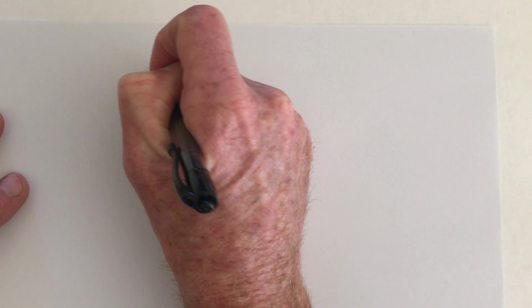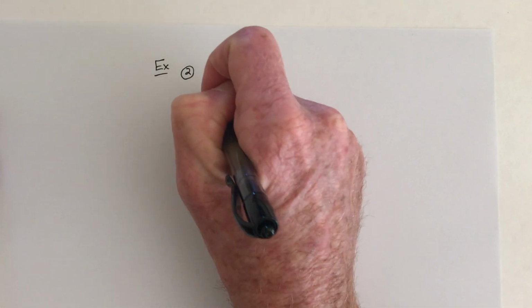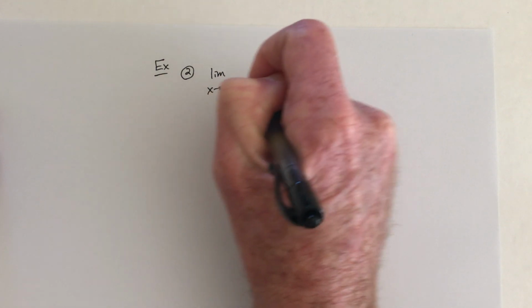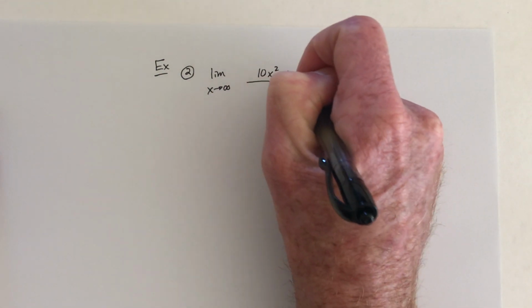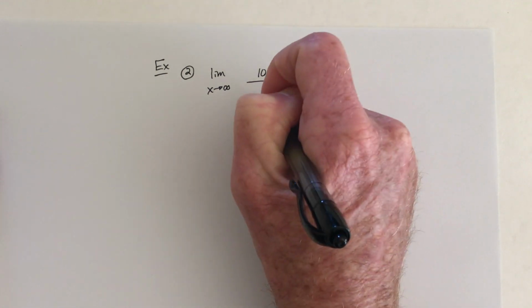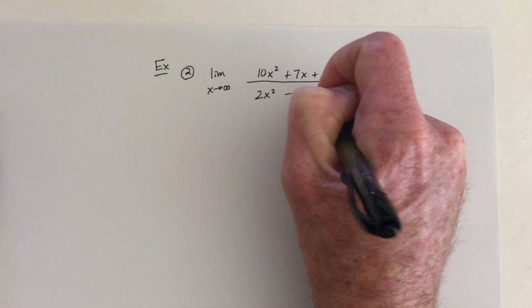And then I want to do a couple more with L'Hopital's rule. So for example number 2, take the limit as x approaches infinity. And suppose we have 10x squared plus 7x plus 1, and then 2x squared minus 3x plus 5.